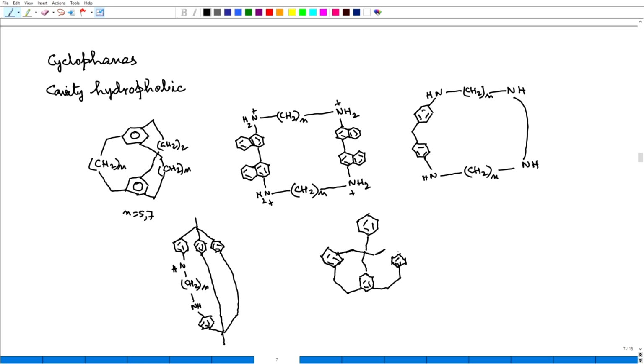Now, one, two, three, then this aromatic is not very good. I will draw it better. Yeah.